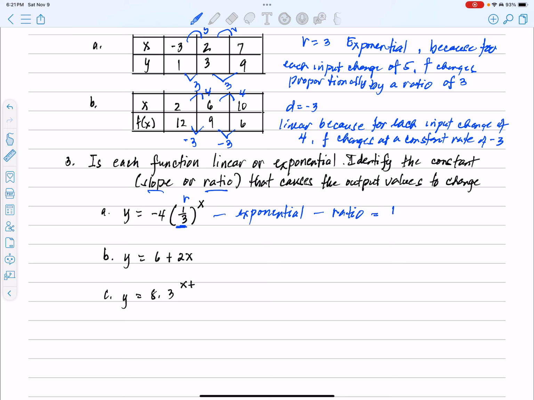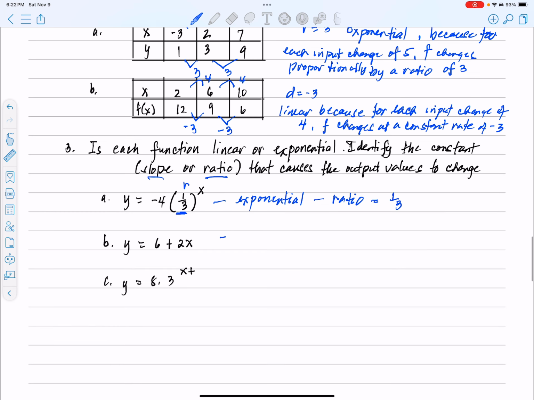All right. y equals 6 plus 2x, or mx plus 6. Okay. So that means this is linear. So when it's linear, you have the difference, or you could say the slope. Where can we find the slope? Right here. This is the slope.